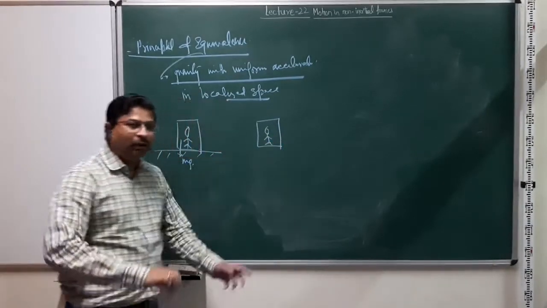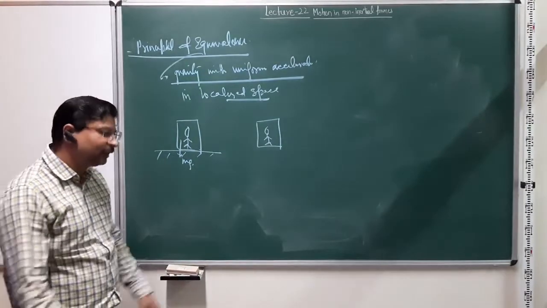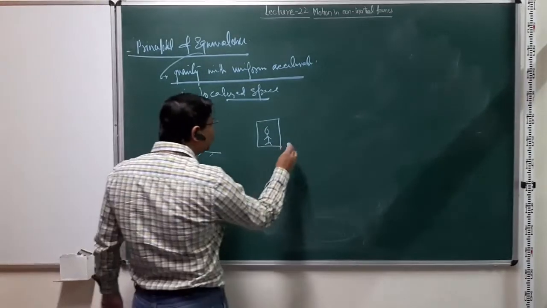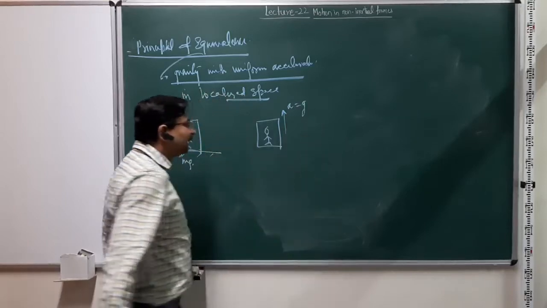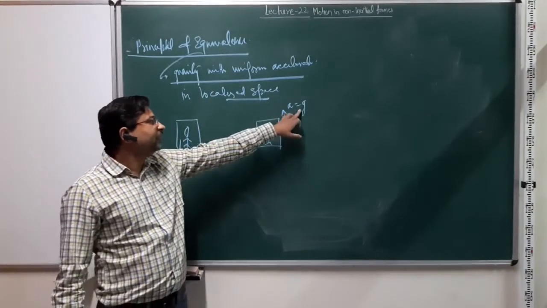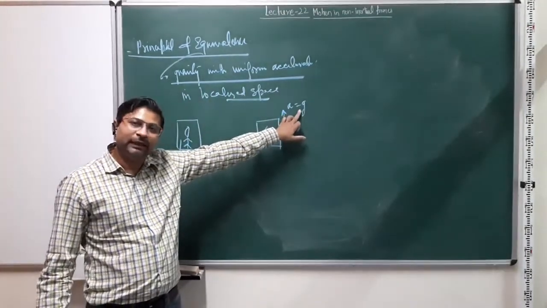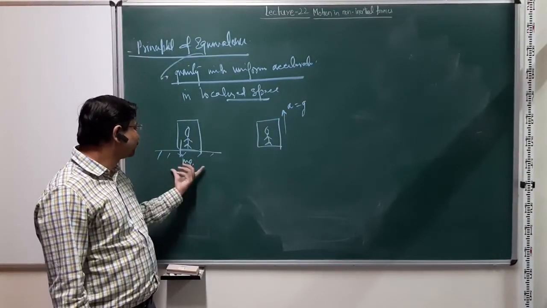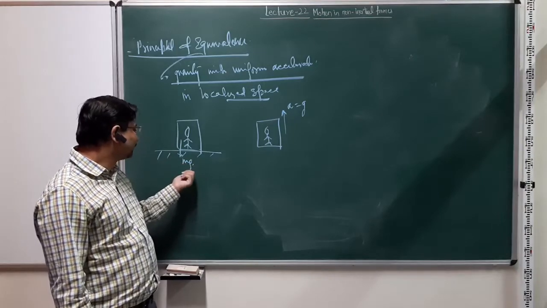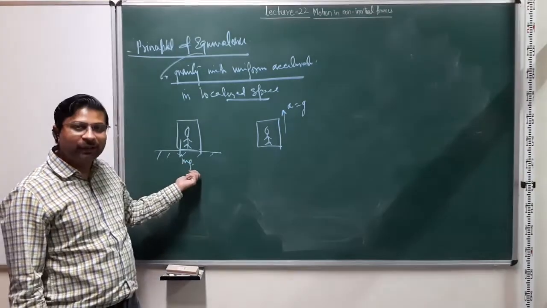Not near a planet or a star or something, in free space, where there is no gravity, and accelerating upwards with acceleration A, which is equal to the acceleration due to gravity, right? So in terms of numbers, here I am feeling a force pulling me downwards with the acceleration due to gravity equal to 10 meters per second square.